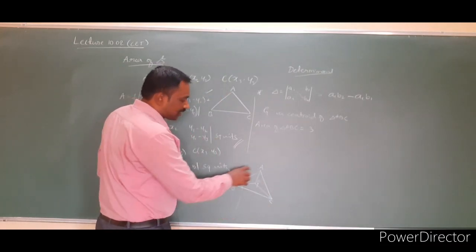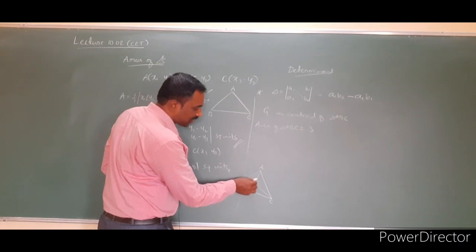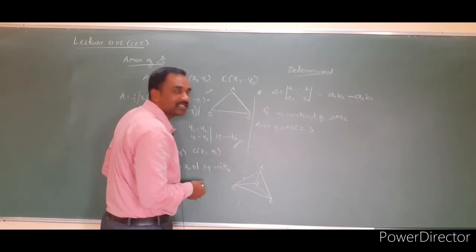Here a triangle is divided into 3 parts. This is one triangle, this is another triangle, this is the third triangle.